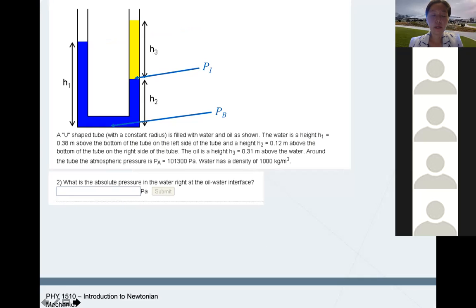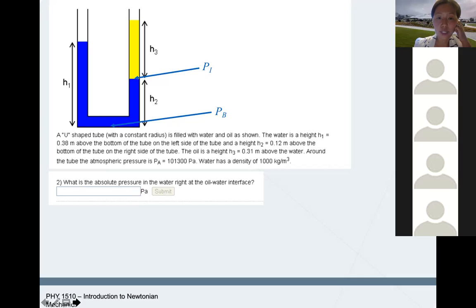And the second question is, what is the pressure at the water-oil interface? So P_I, P at the interface. Well, how do we calculate that? If we know how much pressure is at the bottom, now you're looking at a little bit above that with a total difference in height of H2, right?